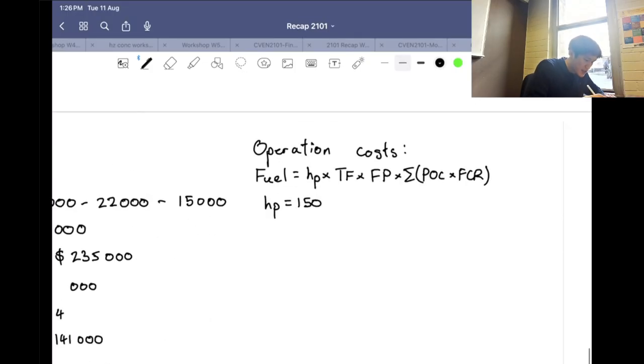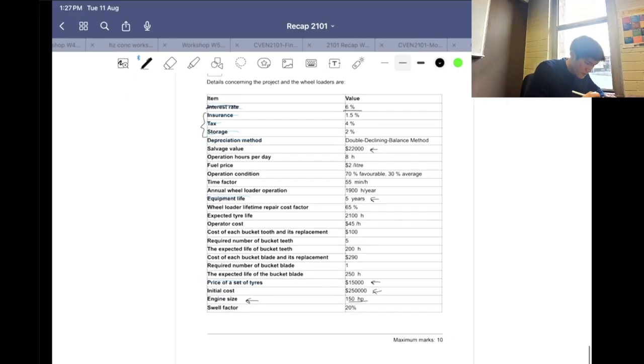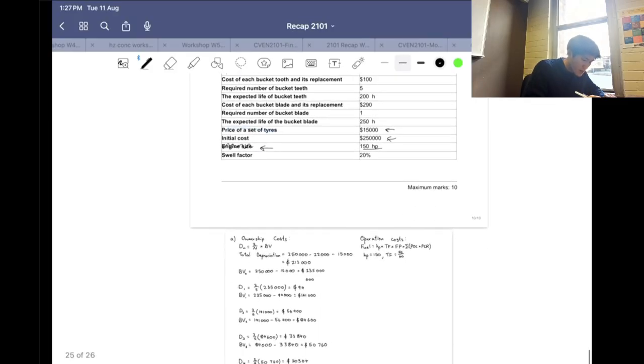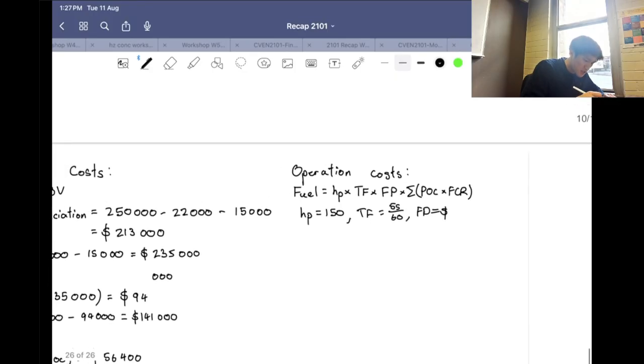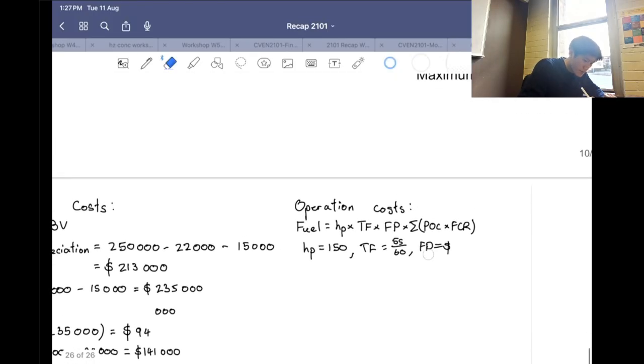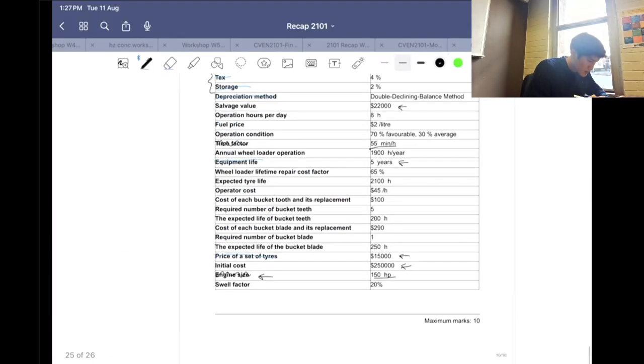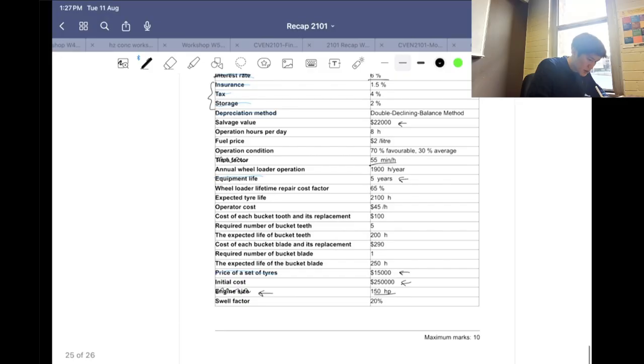And your time factor is 55 over 60, which comes from the 55 minutes an hour. So that's your time factor. Scratch that out. And your horsepower, scratch that out. And your fuel price is given to you as $2 per liter.